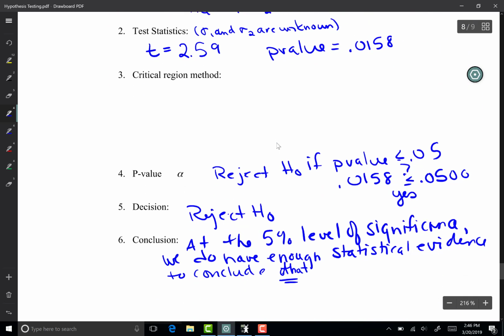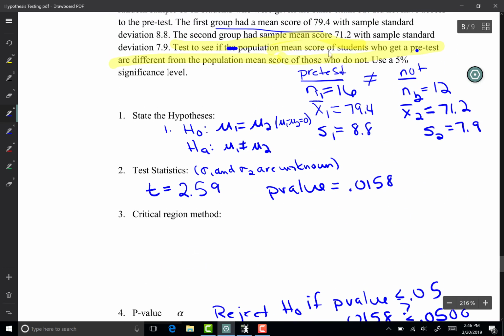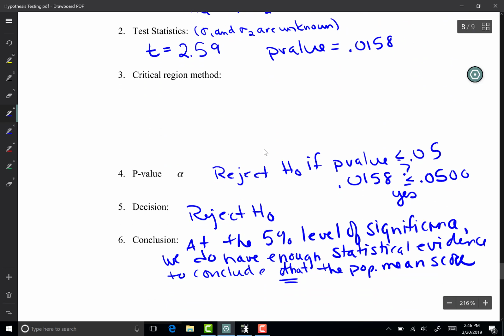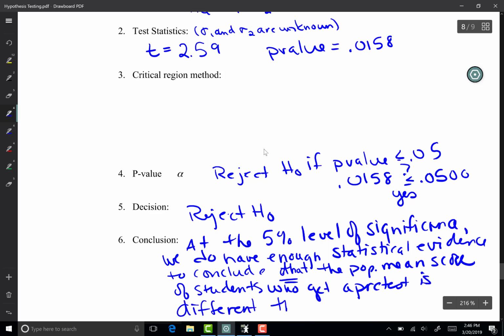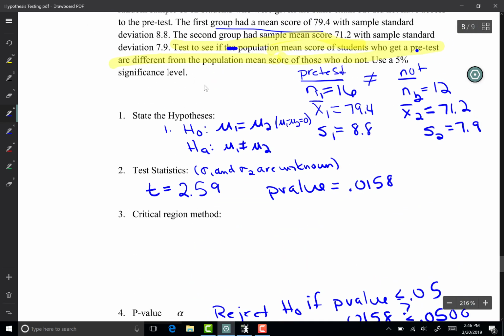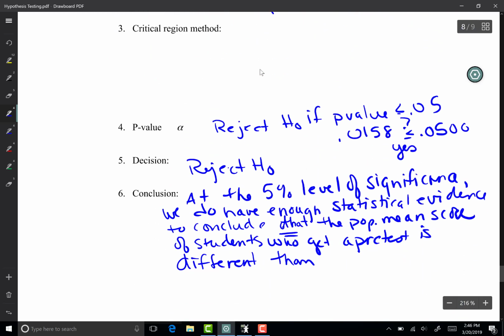So conclude that the population mean score of what I have highlighted here, of students who get a pretest, is different from the population mean score of those who do not.